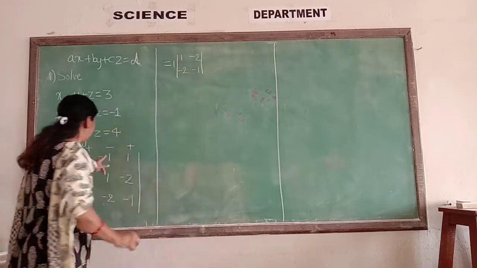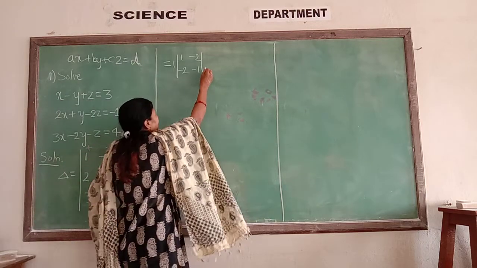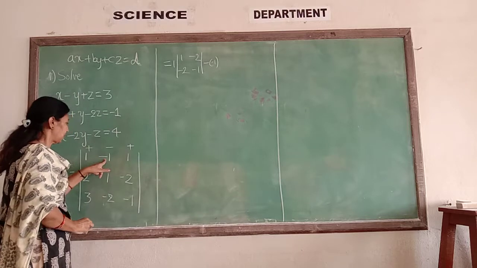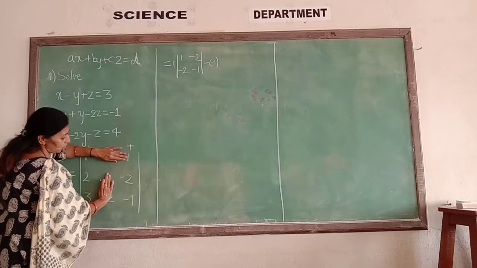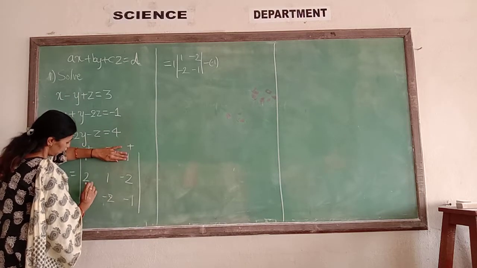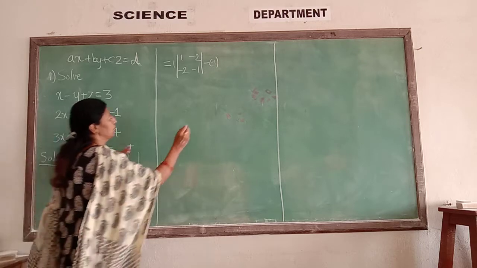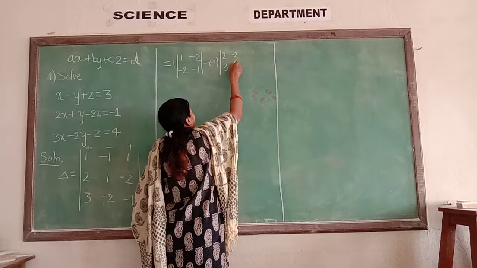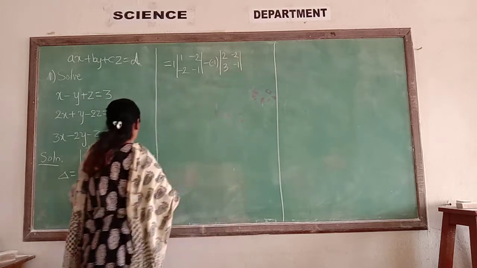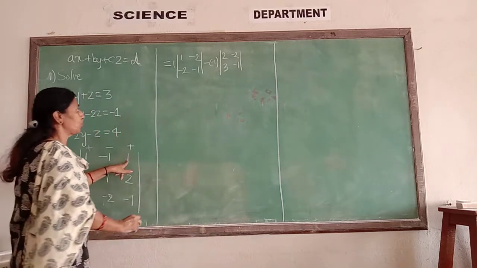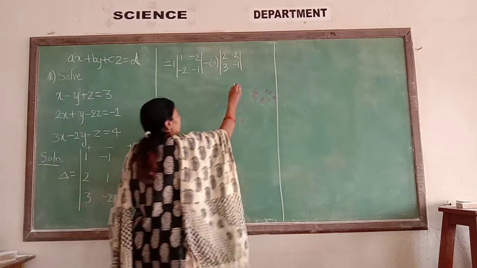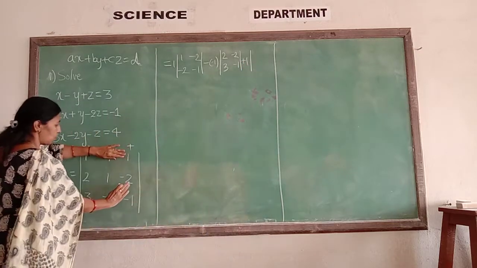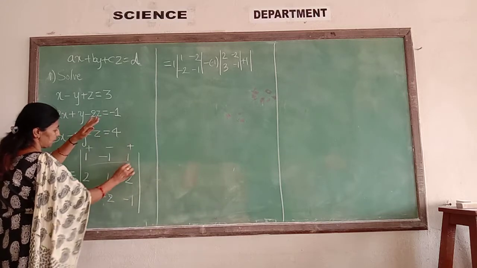And then minus, it is a formula, and then minus 1 is this one. Delete this row and column. What remains here? This 2, 3 and minus 2, minus 1. Then 1 here, plus 1, so it is plus 1. And then delete the row and column in which it is present.